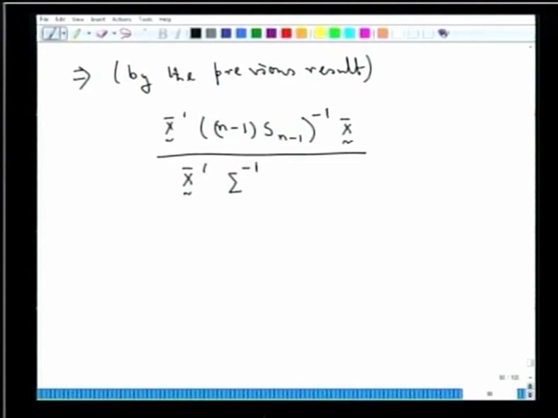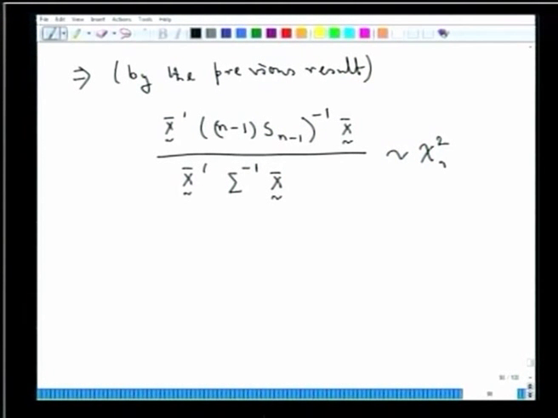So this sigma inverse, which is associated with the Wishart distribution, remains as sigma inverse. If we are interested in knowing its distribution, then this has got a central chi-square on what would be the degrees of freedom. The degrees of freedom would be associated with the degrees of freedom of this n minus 1 S_{n-1} Wishart quantity.